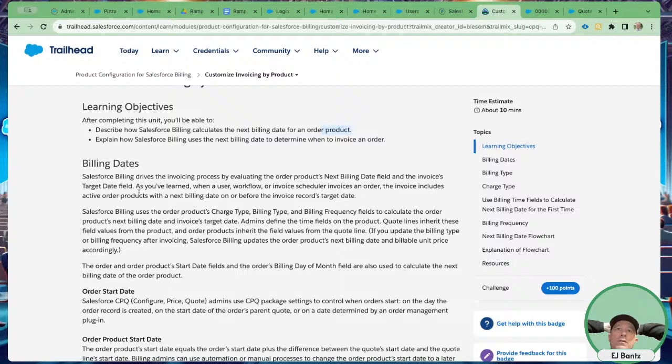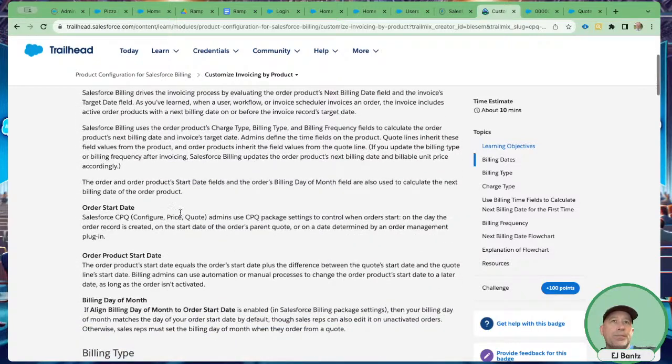When a user workflow invoice scheduler receives an invoice order, the invoice includes active order products with a next billing date on or before the invoice record's target date. On or before. Billing uses the order product's charge type, billing frequencies, calculate.